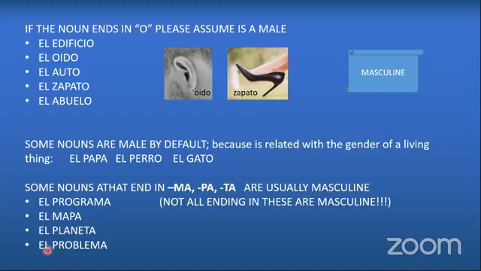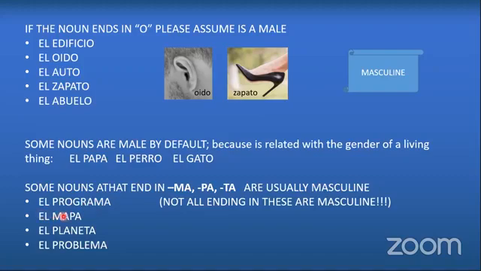We talked already about el problema, the problem, right? El problema. But also the program, el programa. So if you memorize el problema, also memorize el programa. Sounds the same. The problem and the program are usually grammatically masculine.